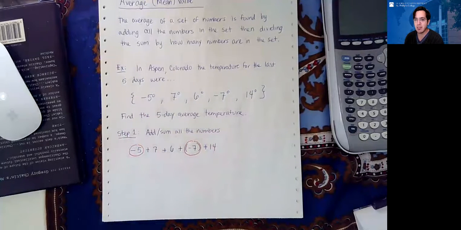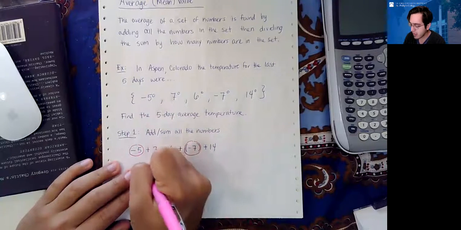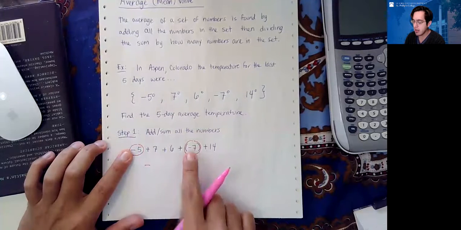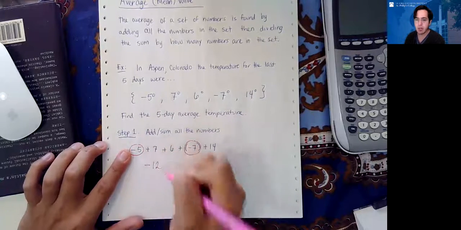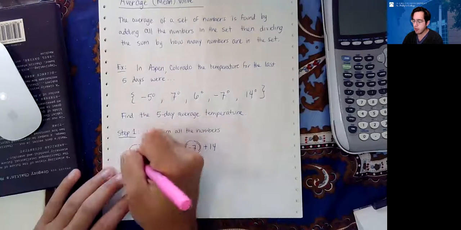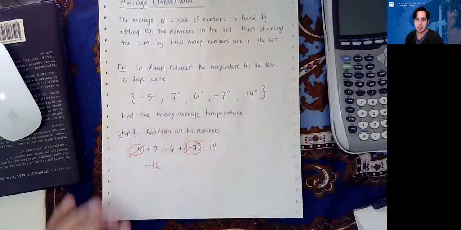When you're adding two negatives, you add their absolute values and keep the sign. So they're both negatives, so we're going to have a negative result. -5 plus -7 should give us -12. You might want to cross those numbers out because we're done with them.